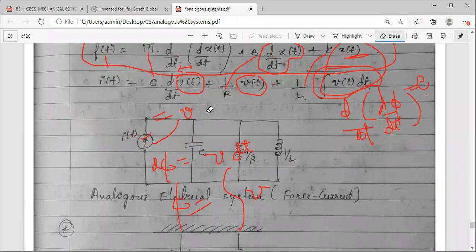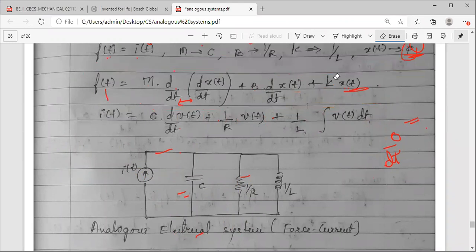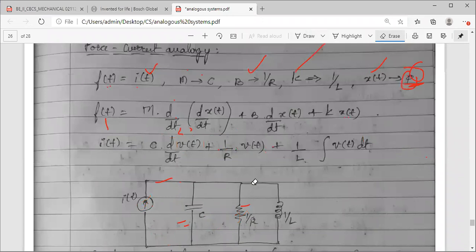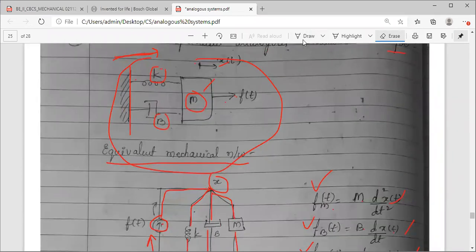If you see again how to draw this equivalent network, let me quickly show you. How many nodes do exist here? We have how many displacements? In the given figure, mechanical system, you have only one mass and one displacement.